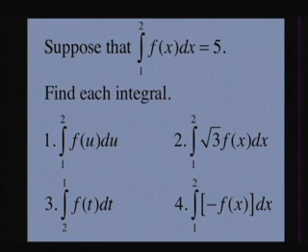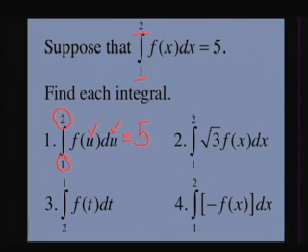So let's take a look at number 1. We're taking an integral from 1 to 2, which is the same as what we had in the original. The fact that the variable is different simply means we're giving it a new name, but it's still the same integral, and so this is equal to 5.